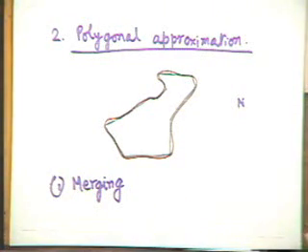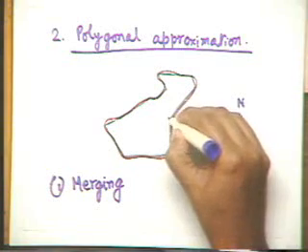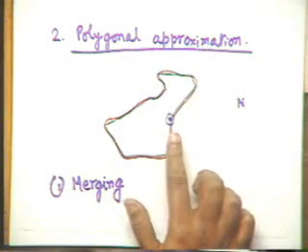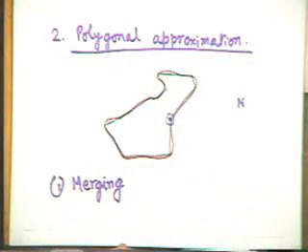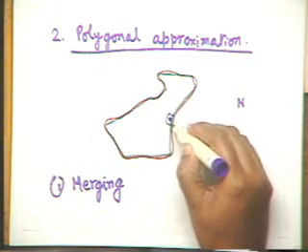In the merging approach, what we do is we take any boundary pixel as a starting point. Let us say we consider this particular pixel as the starting point, and from that boundary pixel you keep on clubbing the other boundary pixels.